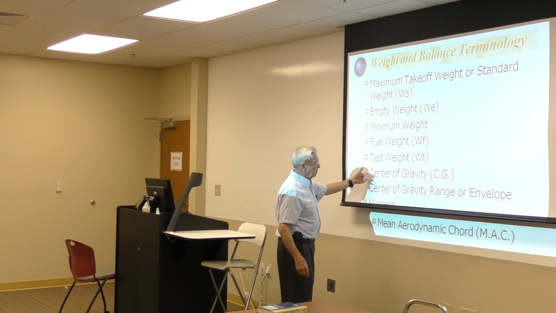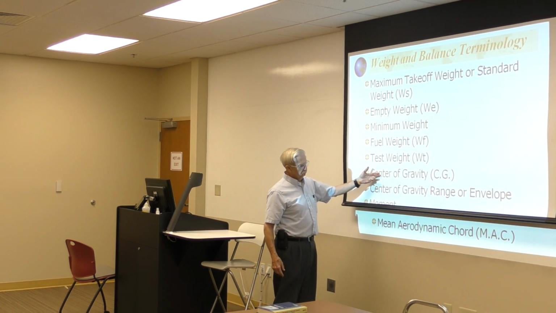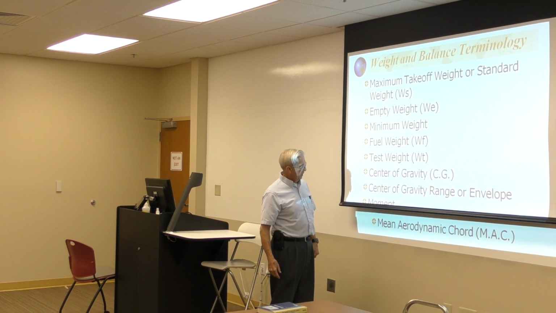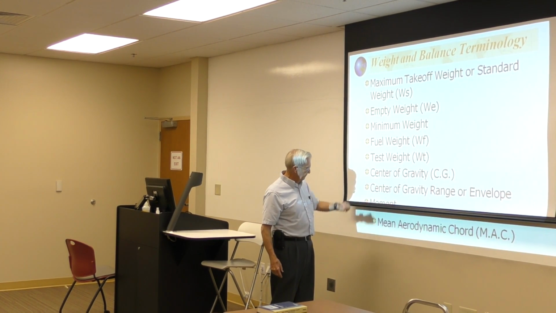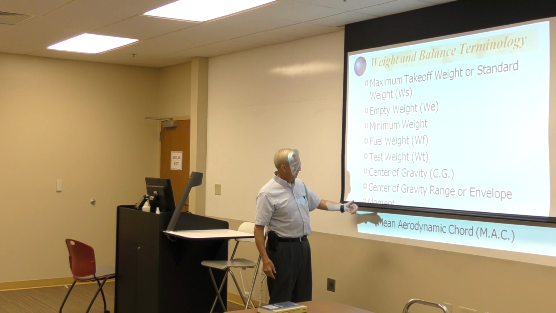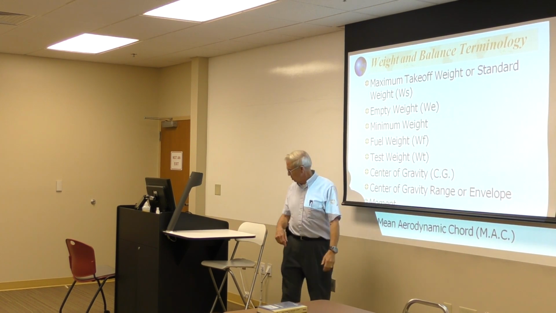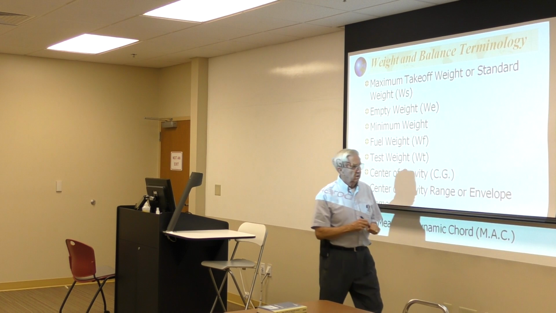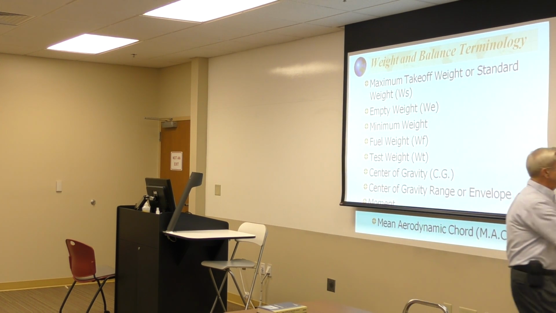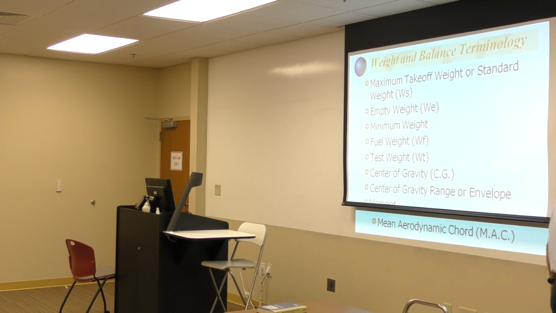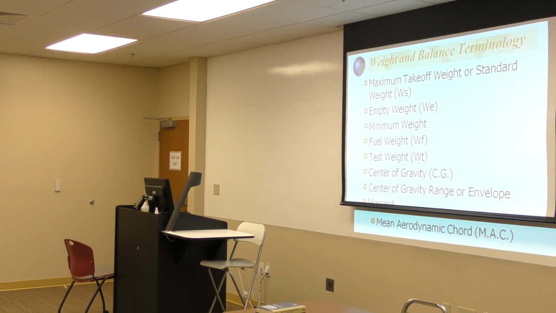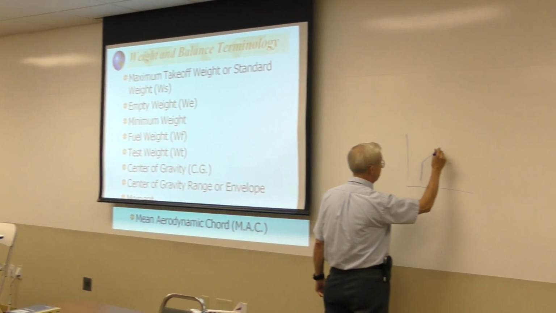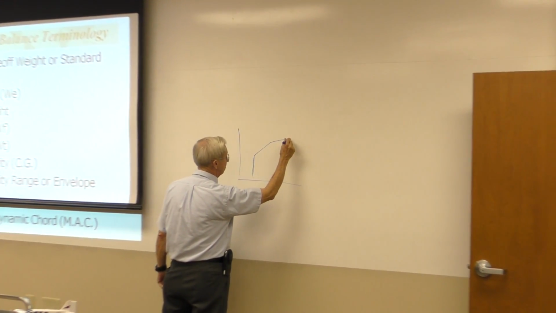Center of gravity, we're going to calculate that before we go fly, and that'll be a fixed thing when we go fly. Center of gravity range or envelope, the Cherokee 6 envelope looks something like this, and you'll learn that I'm horrible at making freehand drawings on the blackboard, but I'll do the best I can.